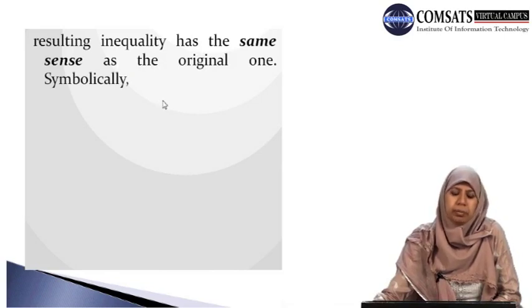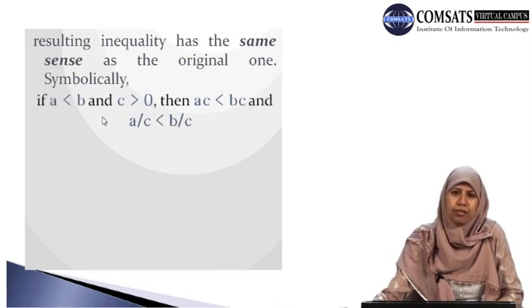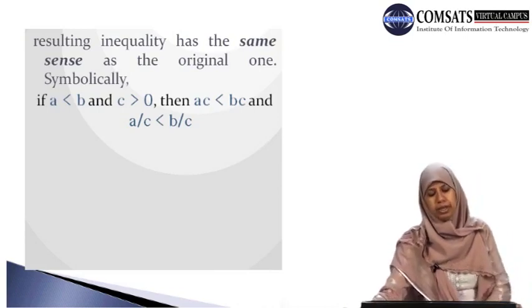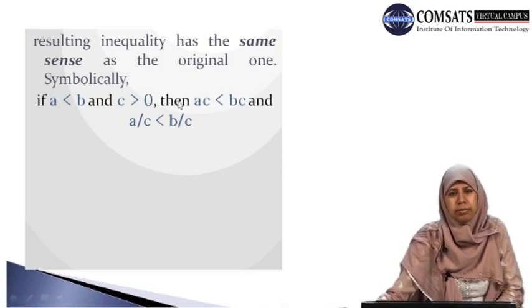So what do we mean by our rule 2 symbolically? If we have an inequality a is less than b and some positive number c, remember we have emphasized c to be positive, the number we are multiplying or dividing, then if we multiply c on both sides, ac will always be less than bc.